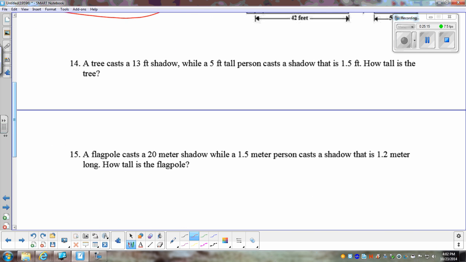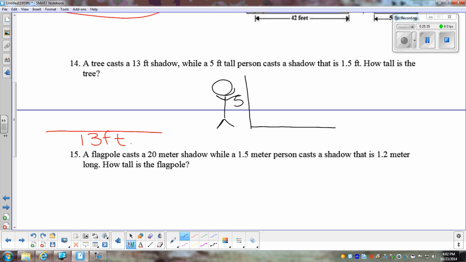All right, so tree casts a 13-foot shadow, while a 5-foot tall person casts a shadow that is 1.5 feet long.